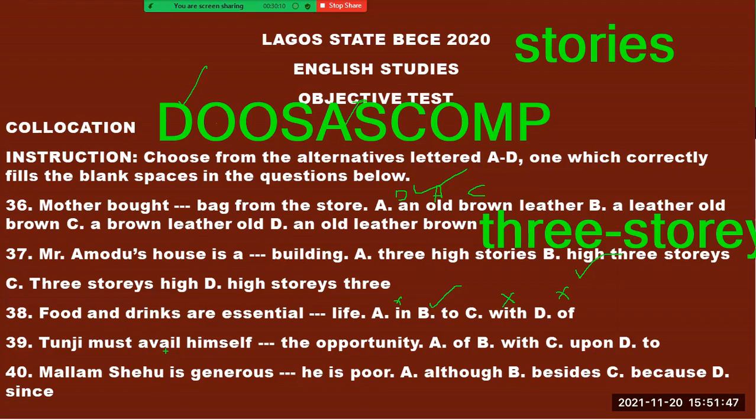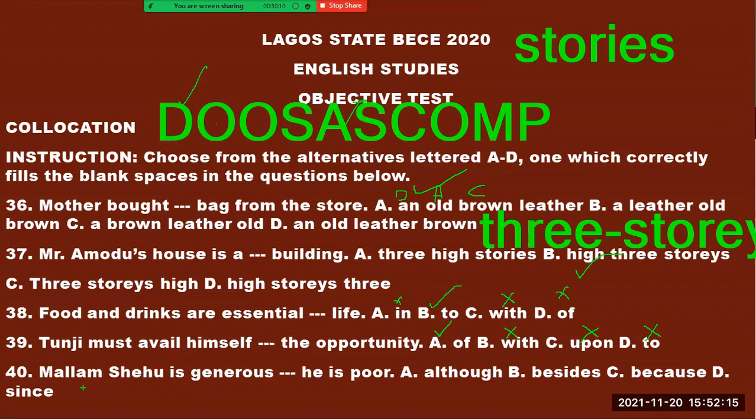So the word avail collocates with "of." So we look at the options. A is correct. Tunji must avail himself of the opportunity. Option B, avail yourself with, is incorrect. Avail himself upon is incorrect. Avail himself to is incorrect.